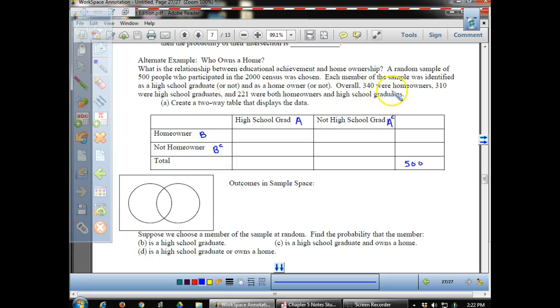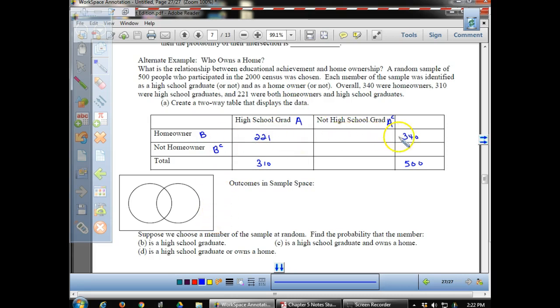Overall, 340 were homeowners. So I'm going to put 340 here. I'm going to have to figure out these values here. 310 were high school graduates. So 310 is here. And 221 were both homeowners and high school grads. So that number will go to 221 right here.